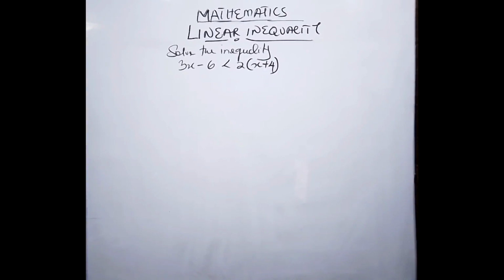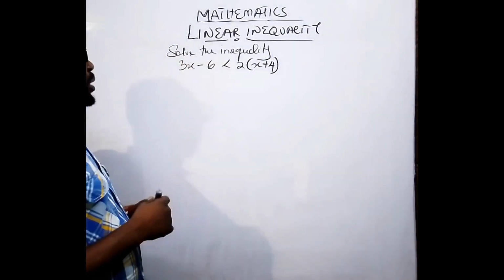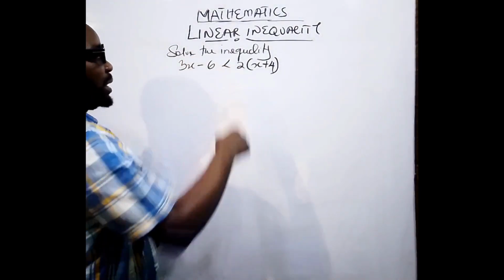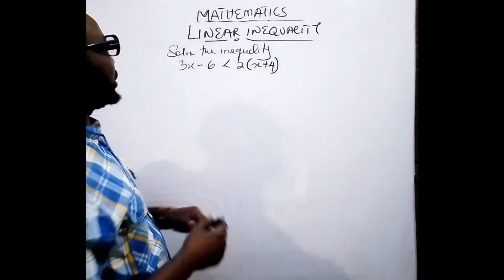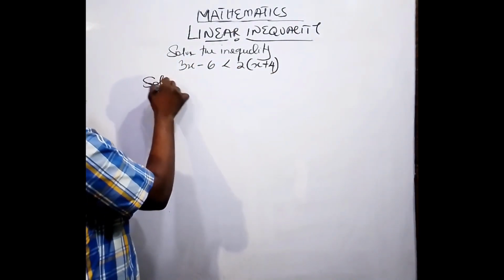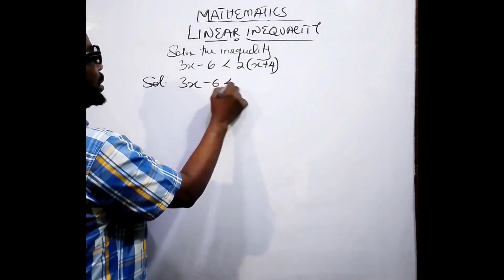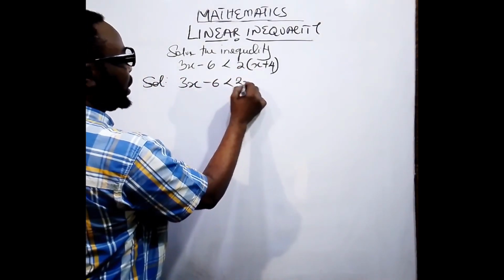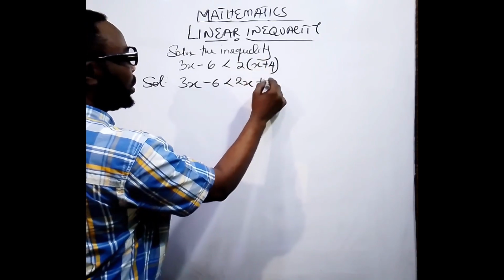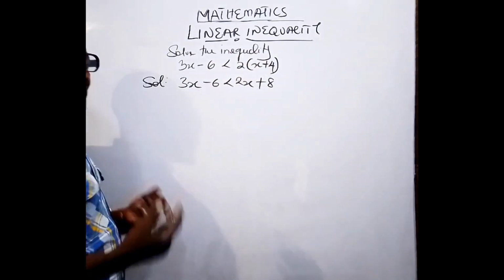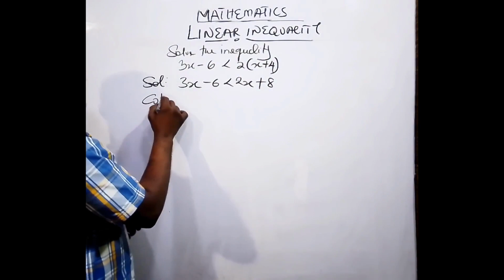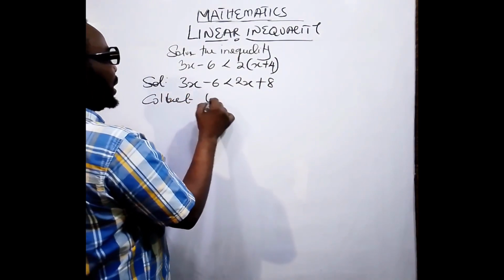This question says you have to solve the inequality 3x minus 6 is less than 2 into bracket x plus 4. So, solution now. What we do here is we open up the bracket: 3x minus 6 less than 2 times x is 2x, 2 times 4 will be plus 8. At this stage, what do we do? We collect like terms.